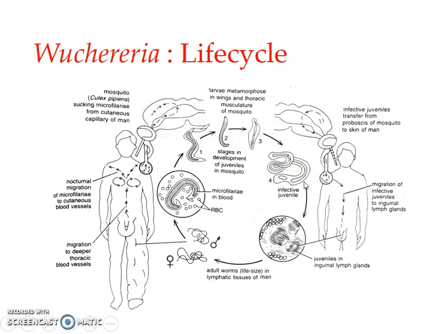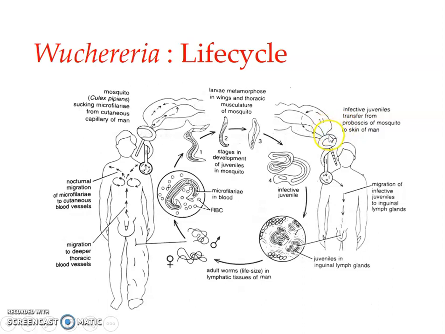Now the microfilariae undergo 2 molts in about 10 days to reach the third stage larvae, and the infective juveniles now migrate into the mosquito's labium, that is the mouth parts. Okay, the infective juveniles get transferred to the proboscis.